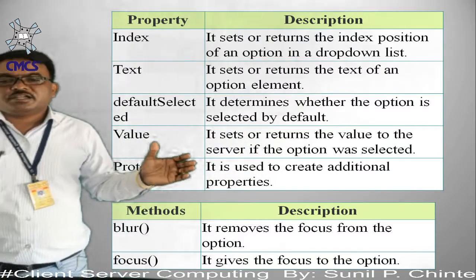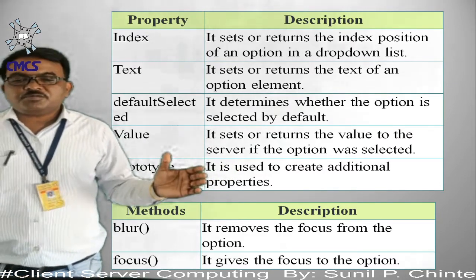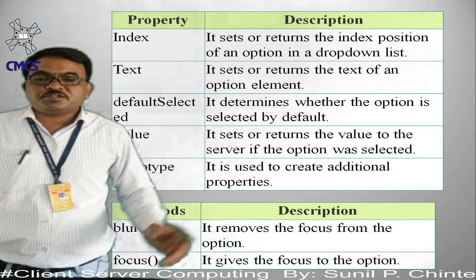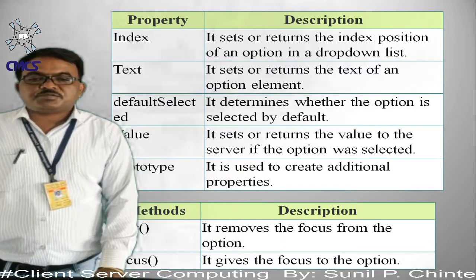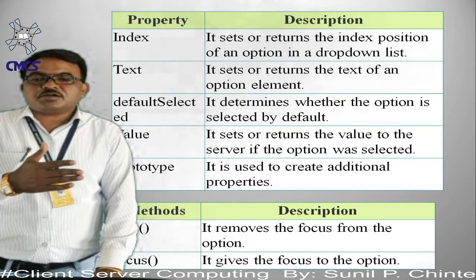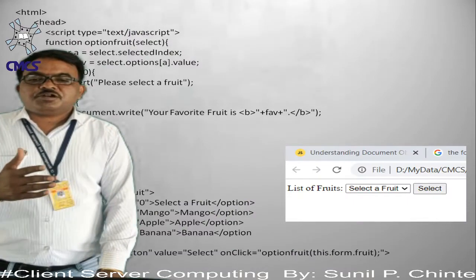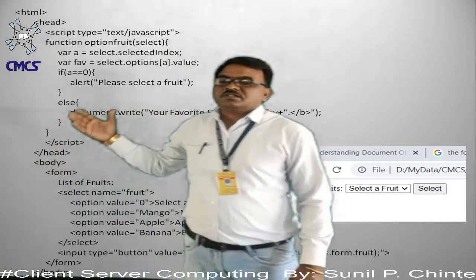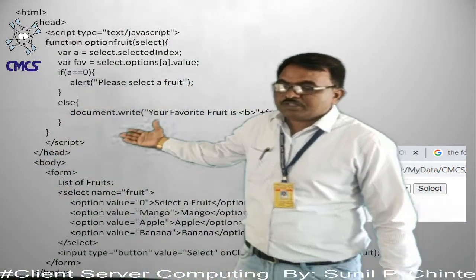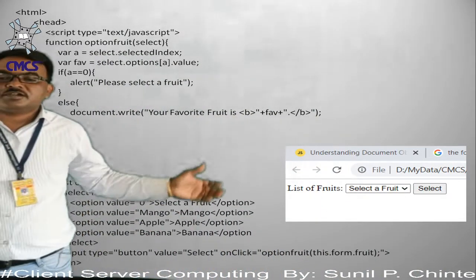Default selected returns whether the option is selected by default, and the value property sets or returns the value to be sent to the server if the option was selected. Okay, so these are the properties of the option object.